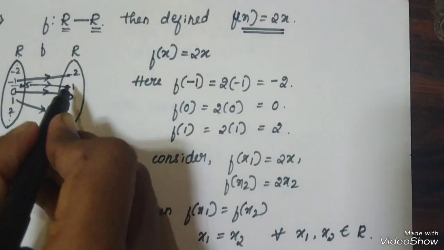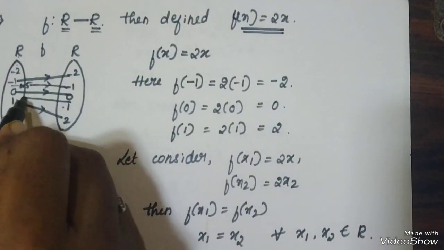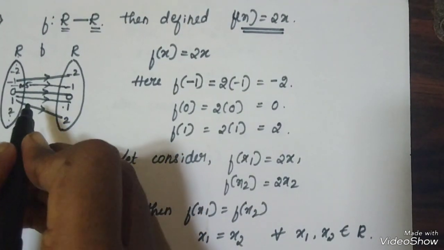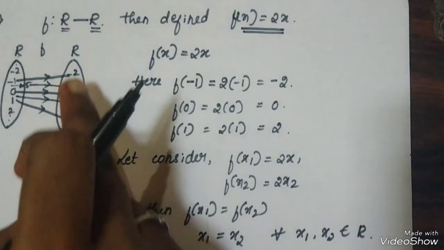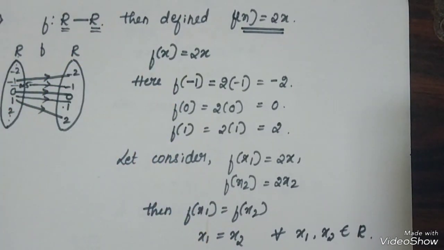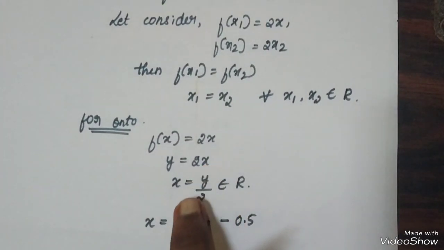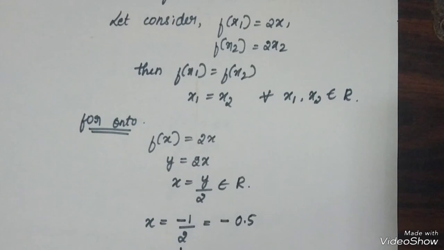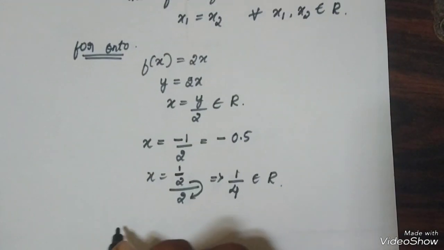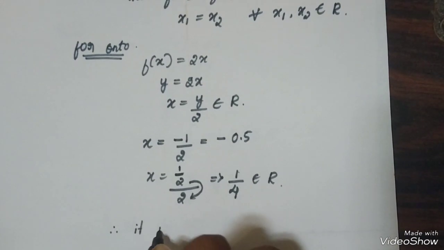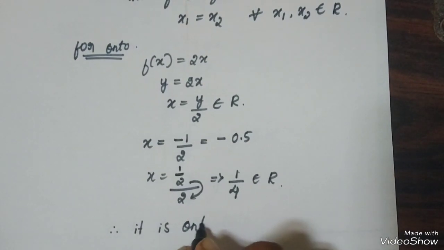So 1 by 2 has the image here. Whatever real numbers are taken as y value, the x value must exist. Whatever we have considered as y, x must exist, and that x value becomes a real number. Therefore it is onto.